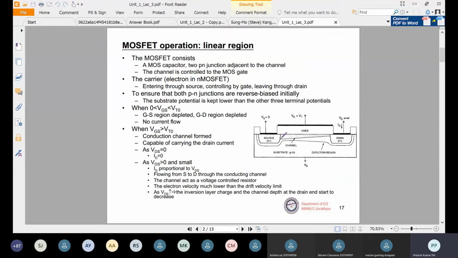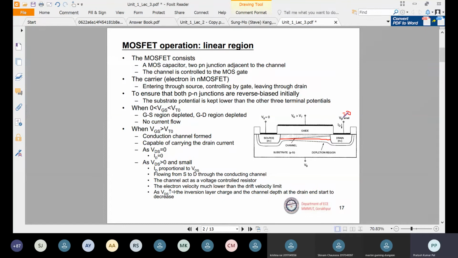the channel would have been the same throughout the channel region. Okay, so इस तरीके से channel region रहा होगा. But this will be the condition when VD is equal to 0 or it has just started from 0.